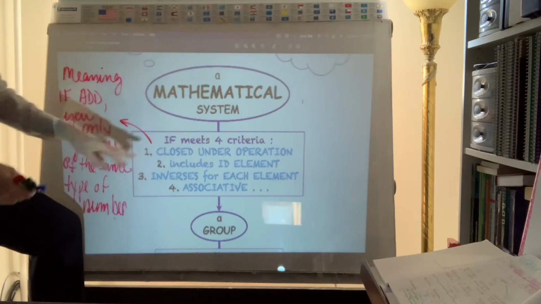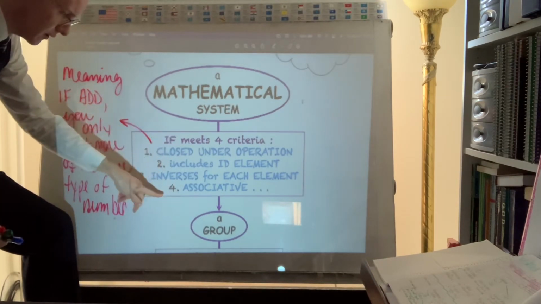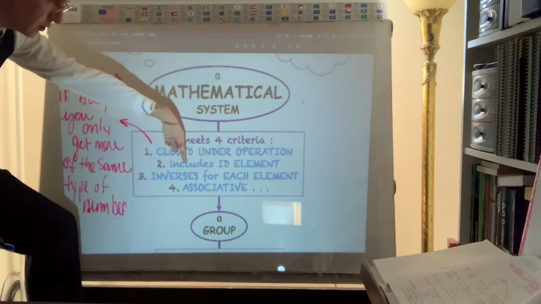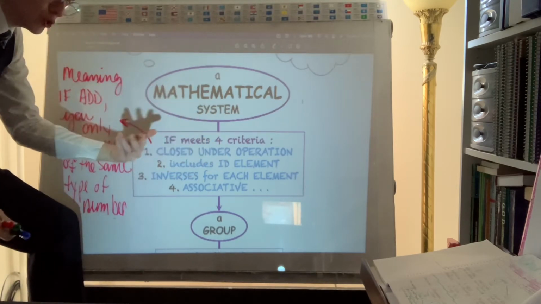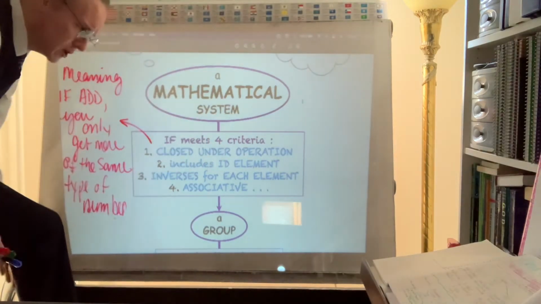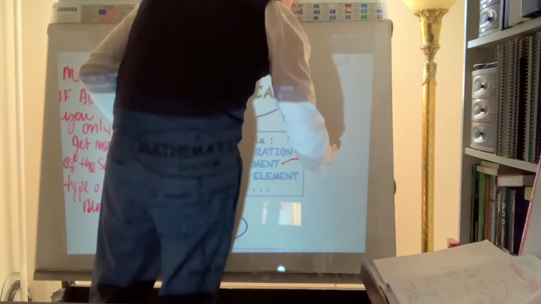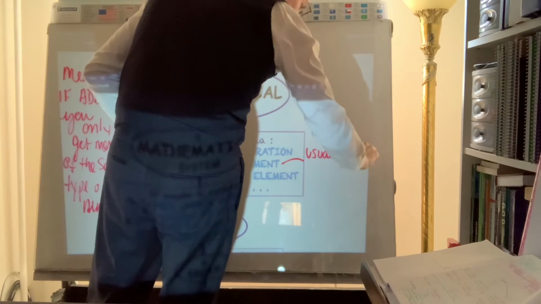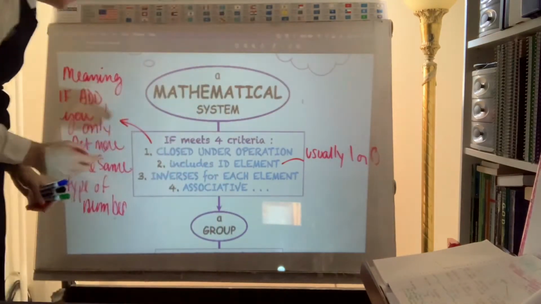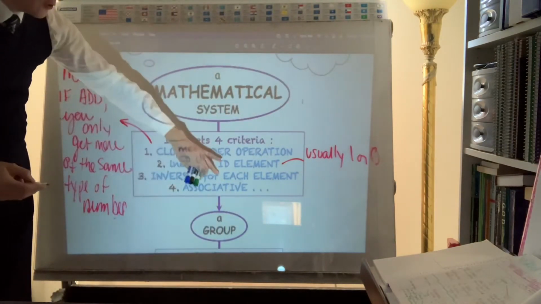If it meets that criteria, and these additional three here, it includes an identity element, which is usually the number 1 or the number 0. It has inverses for each element.